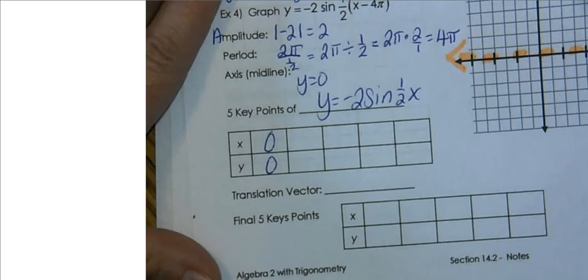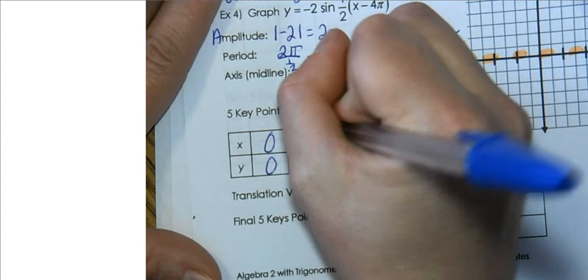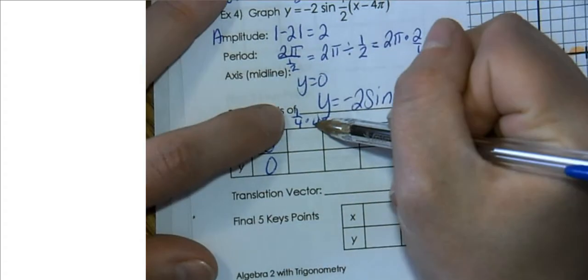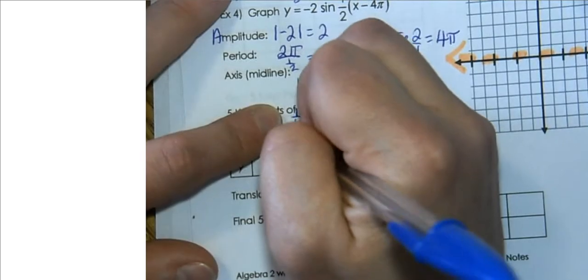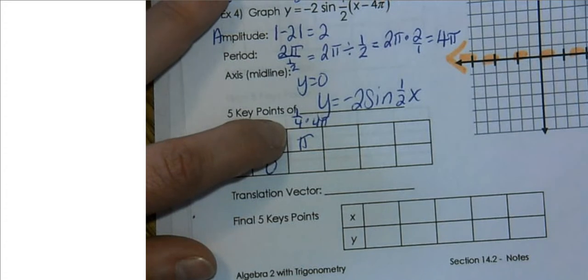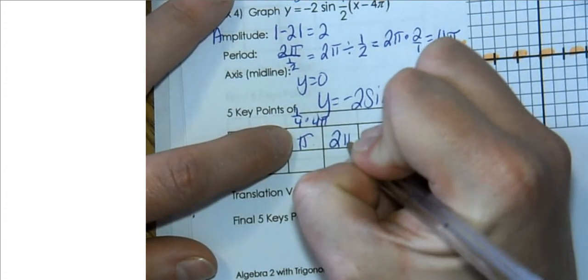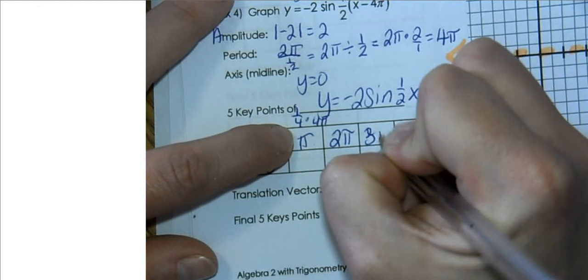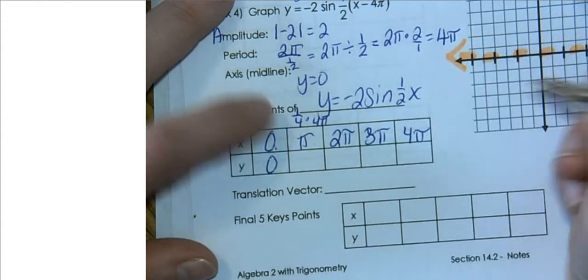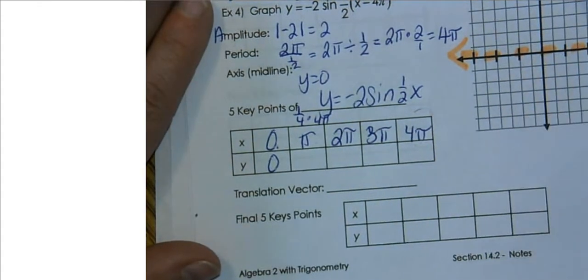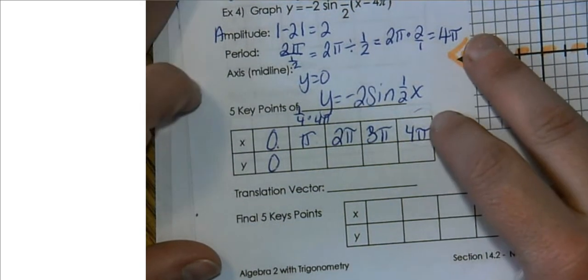And then my x values will be 1/4 times 4 pi, and that's essentially 4 divided by 4, which is pi. So this tells me I'm going in increments of pi. So this is 0, pi, the next one will be 2 pi, this will be 3 pi, and finally 4 pi. And remember that that last x value should always be equivalent to your period.